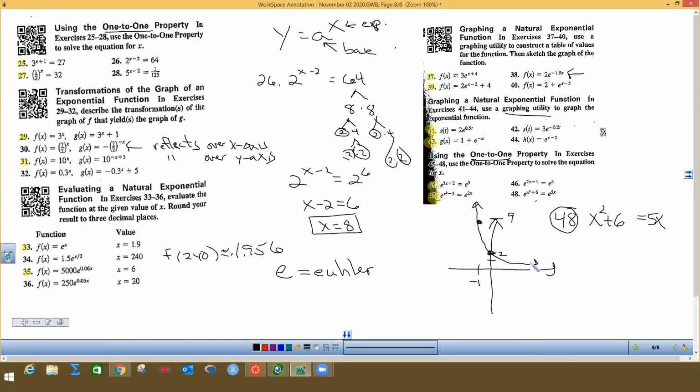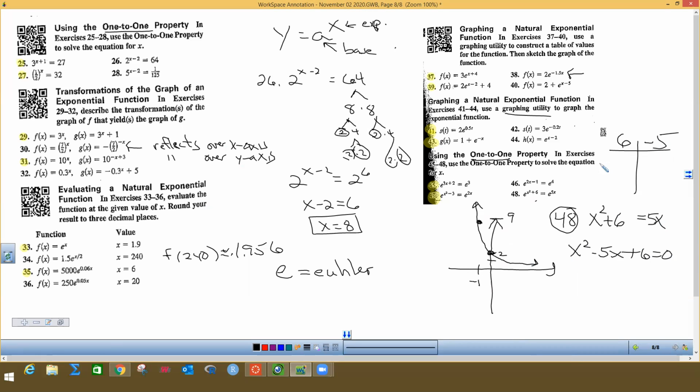And then this is going to be just like Algebra 1, it's a quadratic because of x squared, so you need to get this equal to 0. So we have to subtract the 5x over, and we get x squared minus 5x plus 6 equals 0. And then we make a t-chart, and we take 1 times 6 and get 6, and we need -5 here.